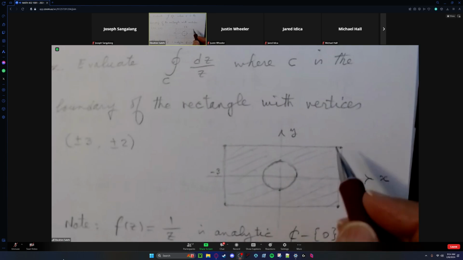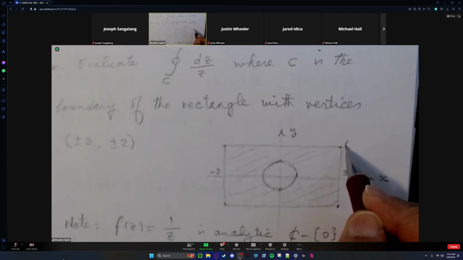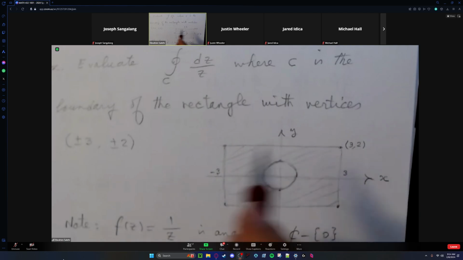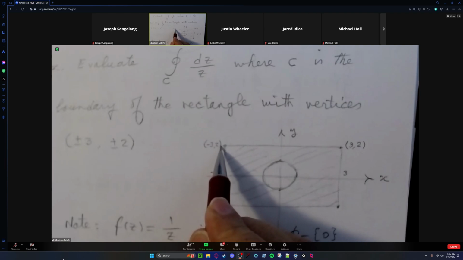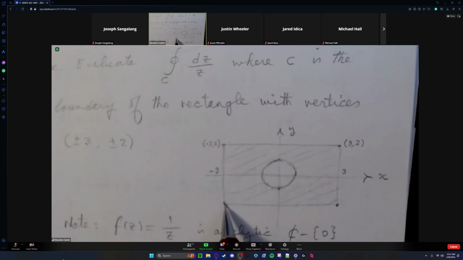Okay, here is 3, 2. Here's negative 3, 2. Here is negative 3, negative 2. And here is 3, negative 2. So vertices are given.